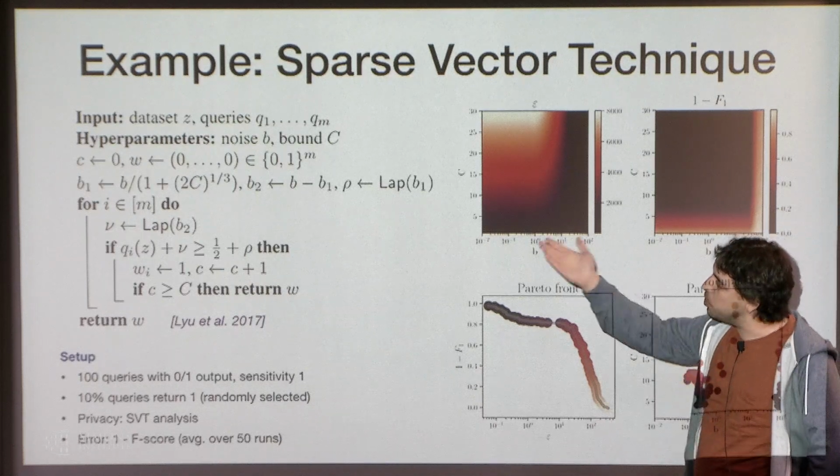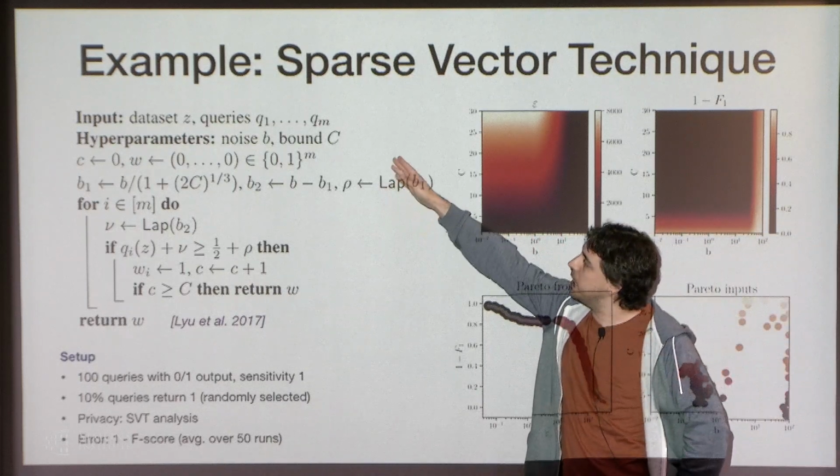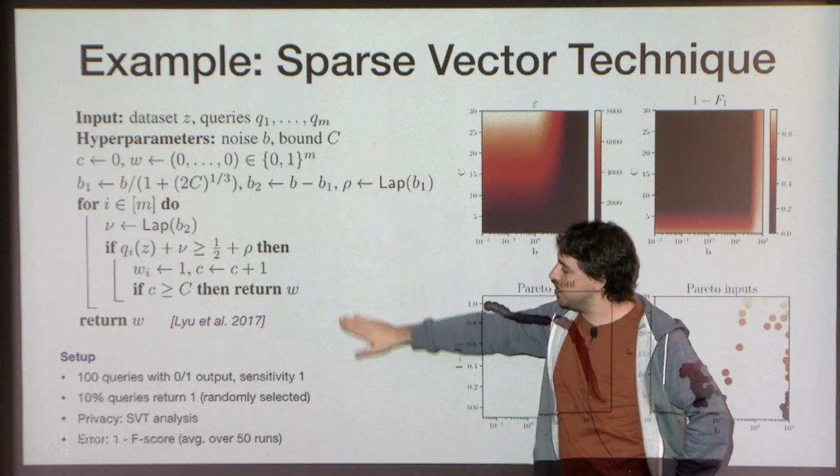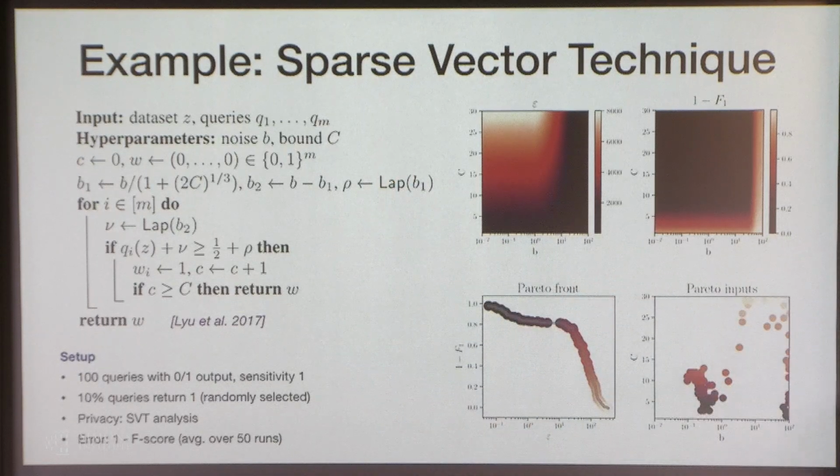And in terms of B and the number of things that we're willing to answer, there's a formula that gives you the resulting epsilon. What we want to do here is basically evaluate what settings of these hyperparameters lead to an optimal privacy utility trade-off.